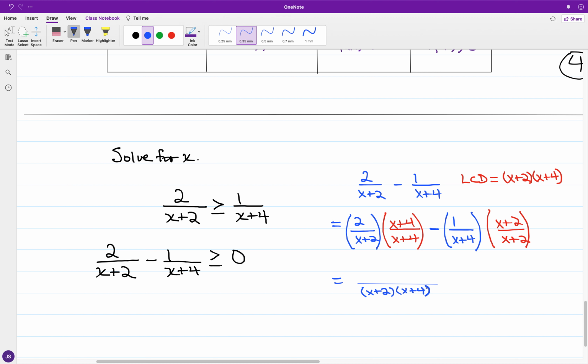And for the numerator, I can go ahead and distribute. So I have 2 times all of x plus 4, so that's going to be 2x plus 8. And we've got minus.